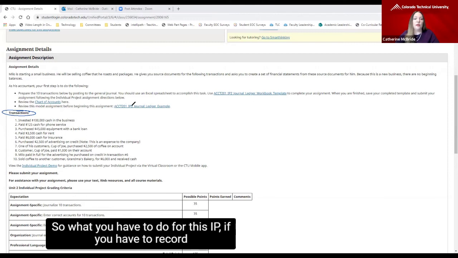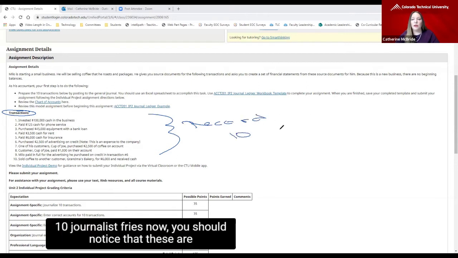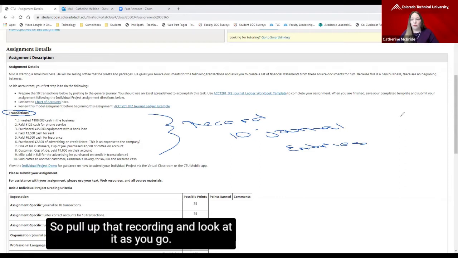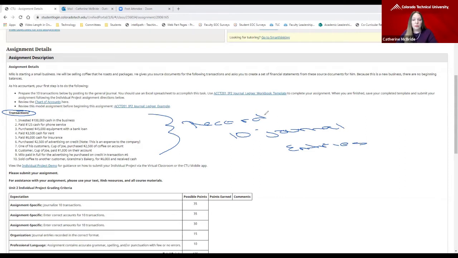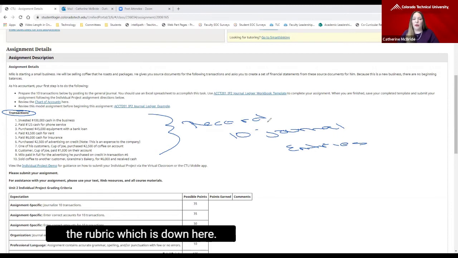So what you have to do for this IP is you have to record 10 journal entries. Now, you should notice that these are very similar to the 10 journal entries that we worked on last week. So pull up that recording and look at it as you go. Earning 100% on this IP is very simple, because let's look at the rubric, which is down here.